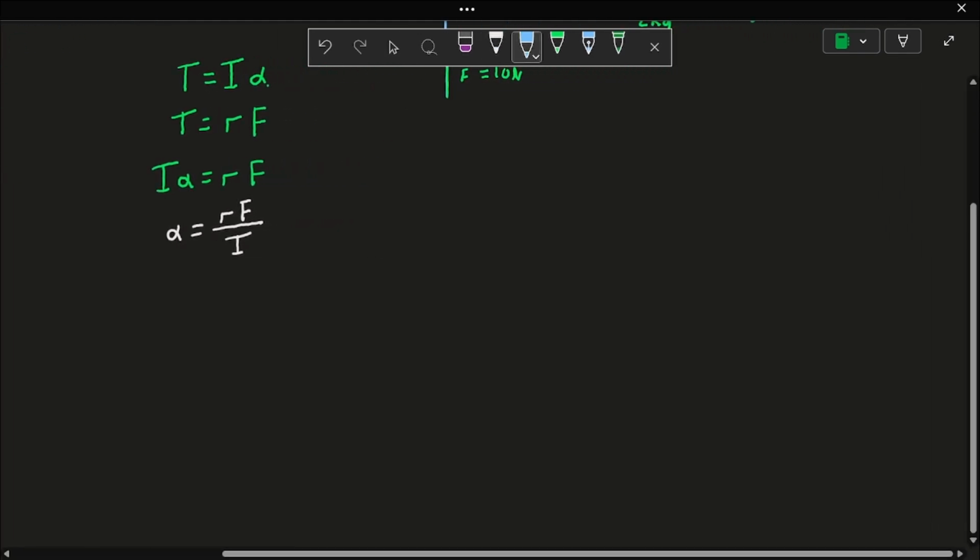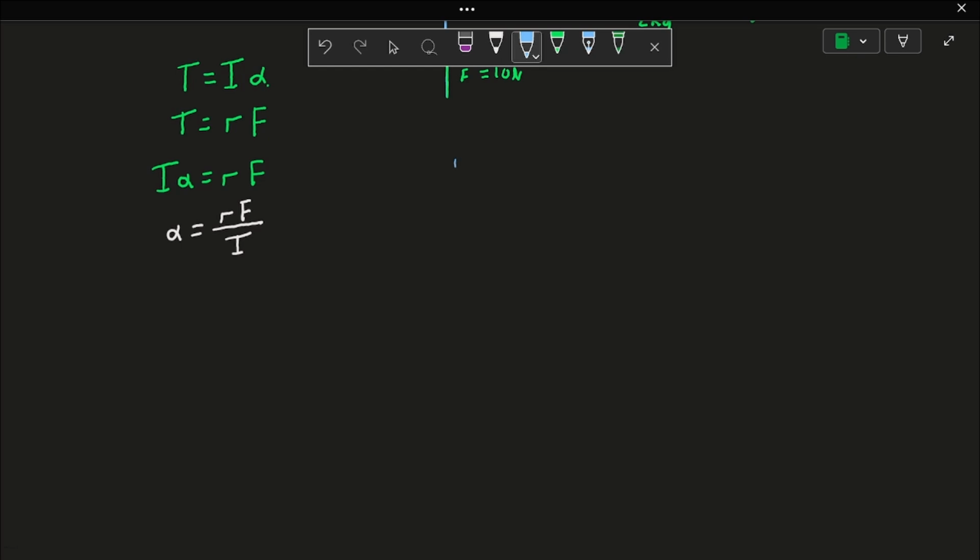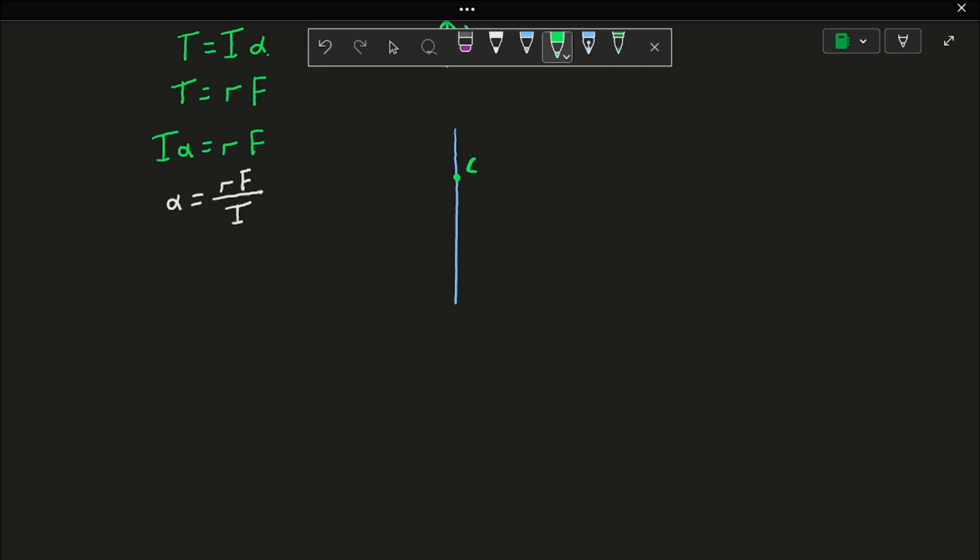So let's visualize this and apply it. Let's draw another little diagram here. I might have a slightly off-centered center of mass, so let's put our center of mass up there, shall we? A little off-kilter. That's our center of mass. So we have some force applied maybe right here.